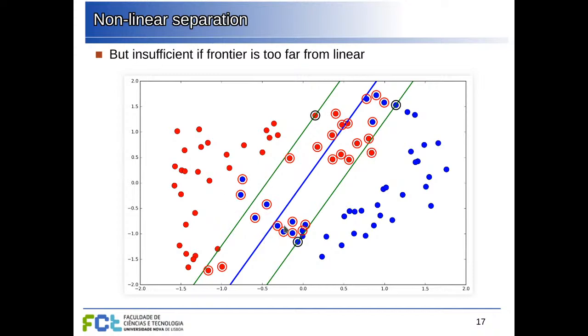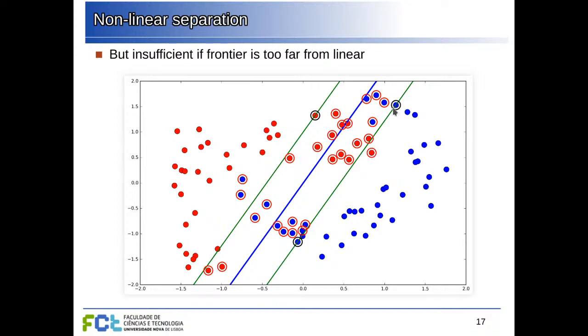So all these have alphas greater than 0, but all of these that penetrate the margin have the alpha values maxed out at the value of C. It didn't go to infinity just because we set that constraint of maxing alphas at C. Then there are these ones that lie exactly at the margin, and these ones don't have the alpha maxed out.